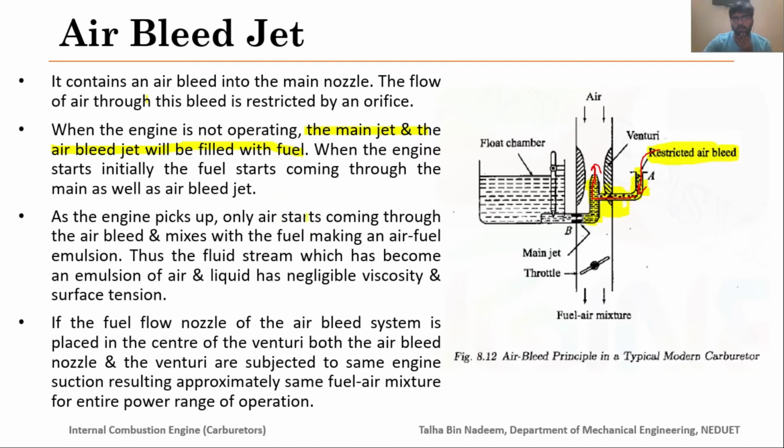And when you increase the engine speed, now only the air will start coming from this restricted air bleed, and here it will start forming the emulsion of fuel and air, and that emulsion would be taken from this main jet to the venturi throat.